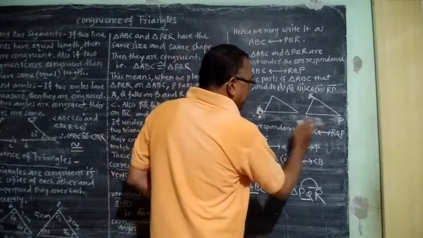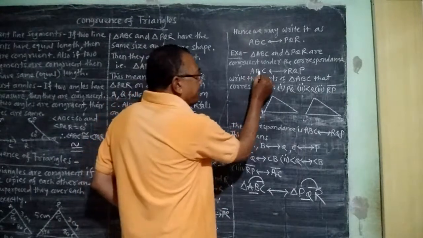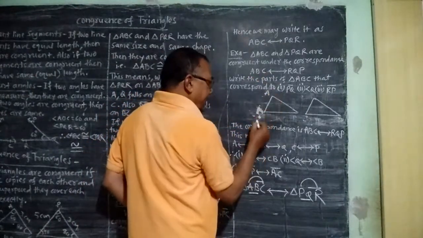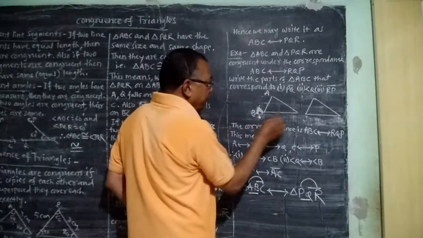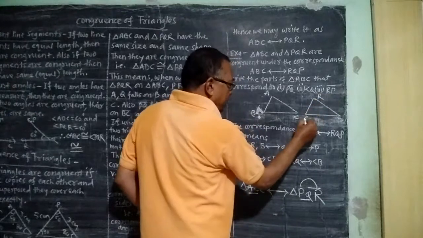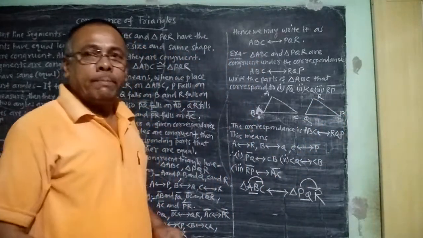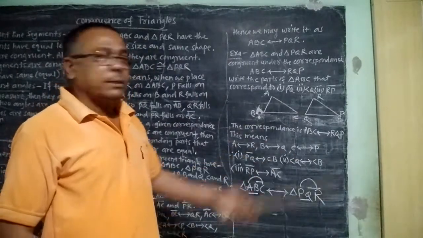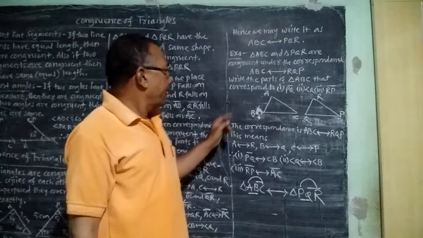Here it is given ABC, so our first vertex is A, its second vertex is B, and third is C. Similarly, R, Q and P, RQP. So these are the corresponding vertices, and now we will see the parts.